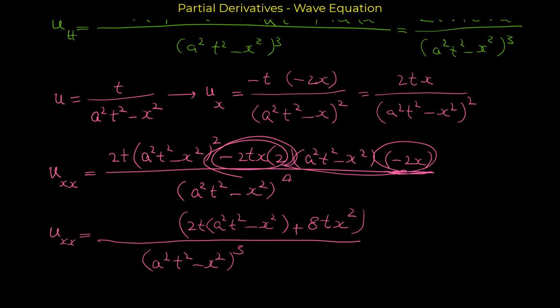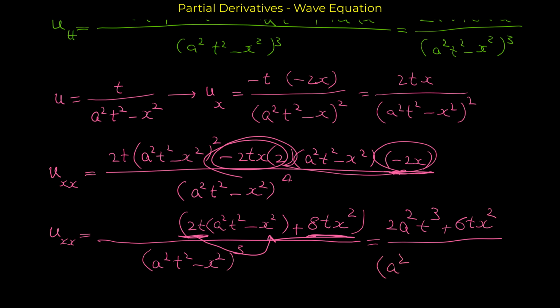And if we multiply 2t in the first term, 2t times that would be 2a^2t^3. Negative 2tx^2 plus 8tx^2 would be exactly 6tx^2, all over (a^2t^2 minus x^2) to the 3. And we are almost done.